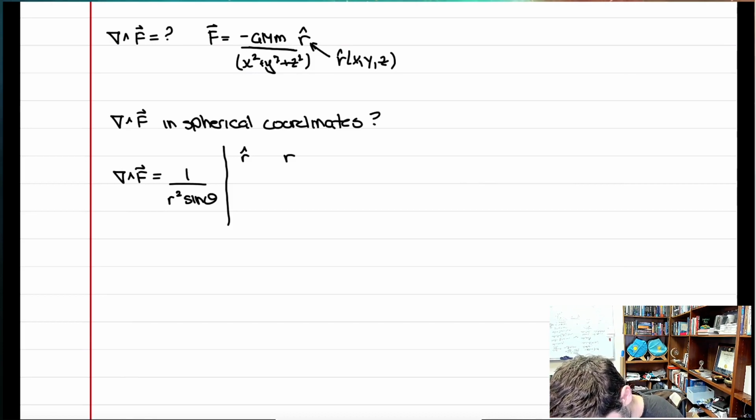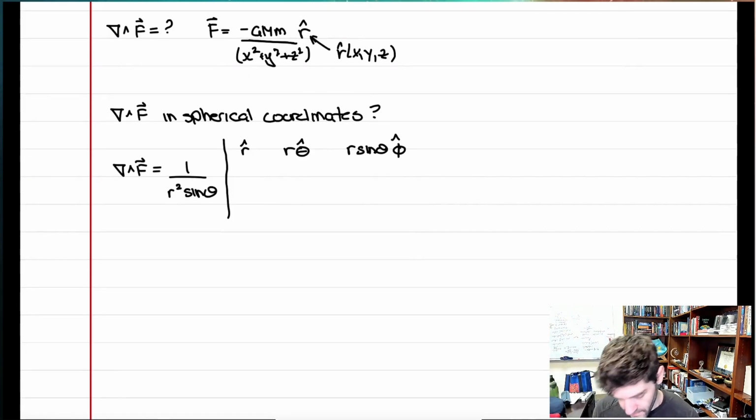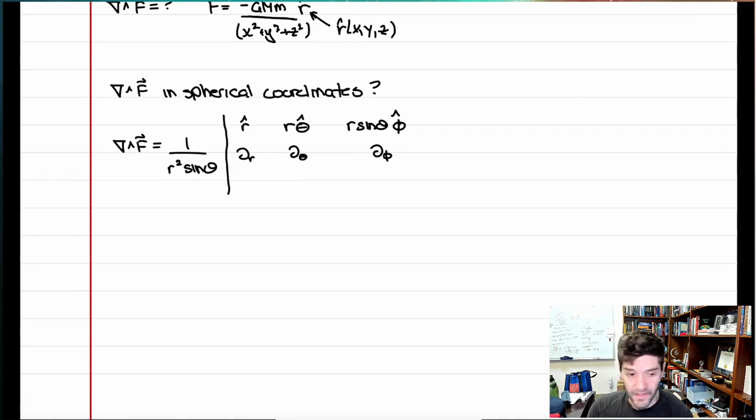The second one is r times theta hat. And then the third one is r sine theta phi hat. The second line still is the partials, partial with respect to r, partial with respect to theta, partial with respect to phi. And then the bottom, in this case, is the 3 components of your force vector.